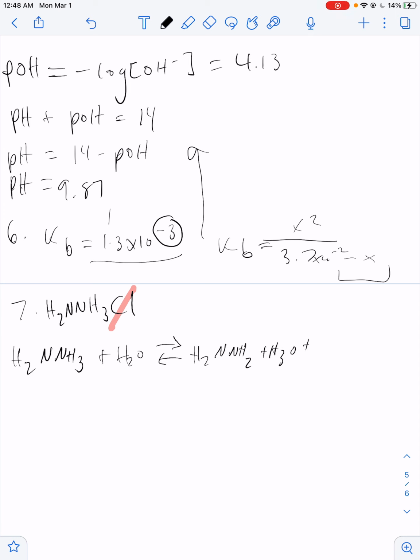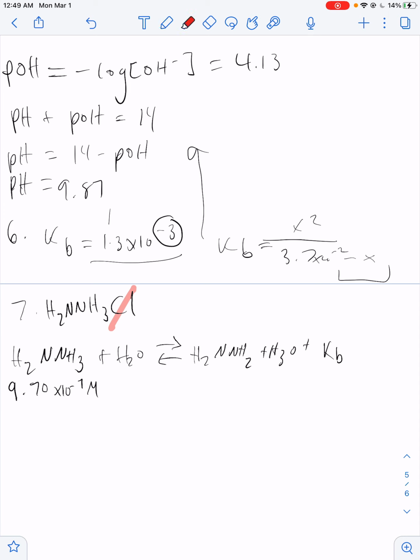Okay, so here we are given the initial concentration of this one, 3.70 times 10 to the negative 1 molar. And we are also given KB.